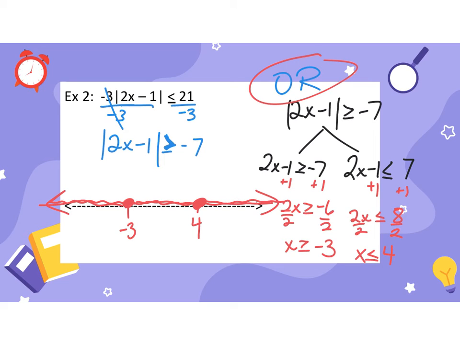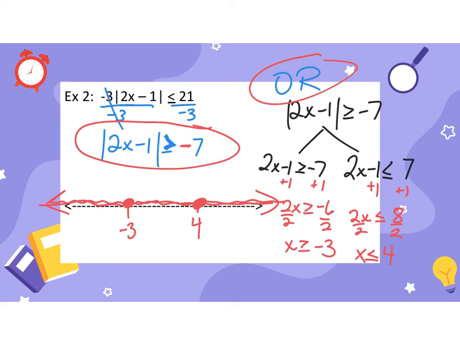If I go back up to where I isolated, okay? Anytime that you isolate and then you have a negative on that opposite side, so 2x minus 1 is greater than or equal to negative 7, is the absolute value of anything always going to be greater than a negative 7?